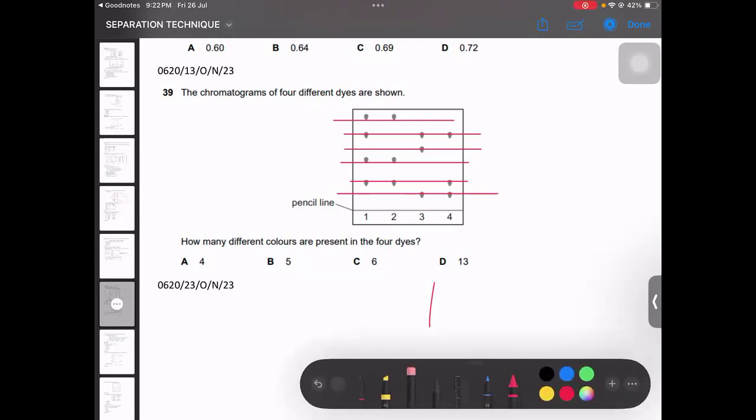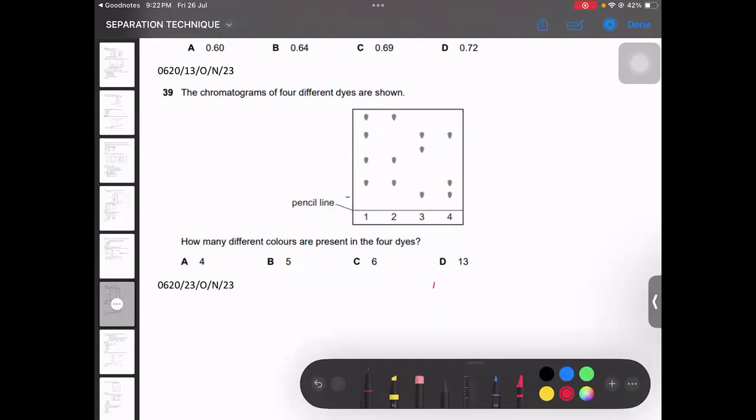Let's see this question. You have these two spots having the same RF value, I'm counting it as 1. Then these 3 spots have the same RF value, I'm counting these 3 as 1. This is second. Then these two having the same RF value, counted as 1.